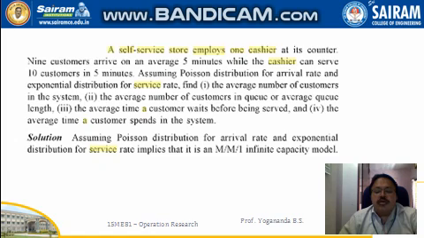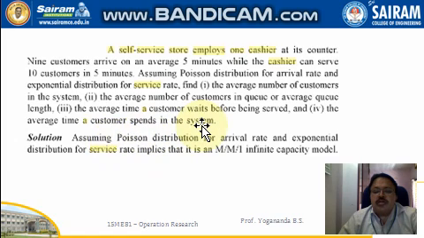Now, coming to the numerical problem here. A self-service store is employing one cashier at its counter. 9 customers arrive on an average of 5 minutes, while the cashier can serve 10 customers in 5 minutes.